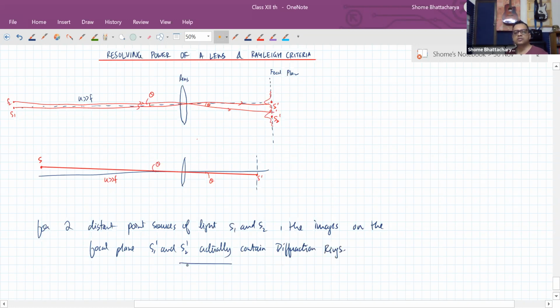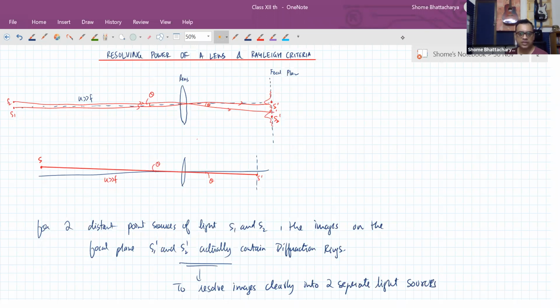So to resolve the images clearly into two separate light sources, a certain limiting condition must be satisfied. That limiting condition is called the Rayleigh criterion.